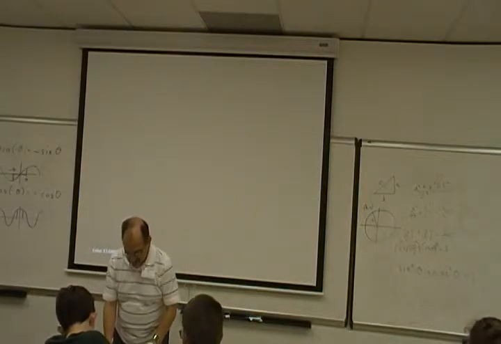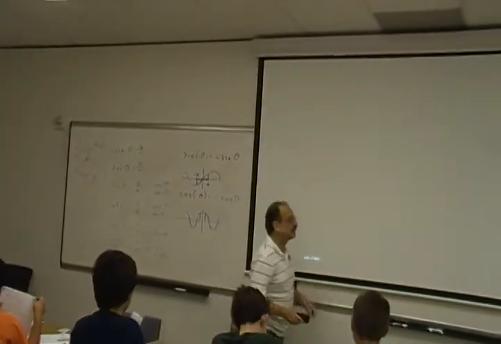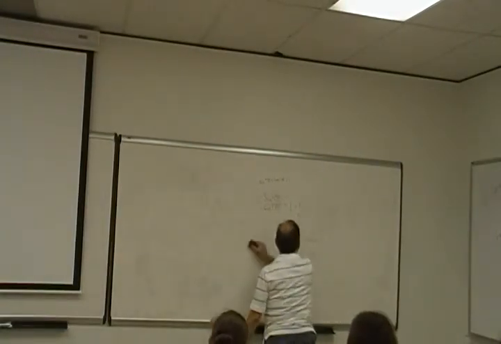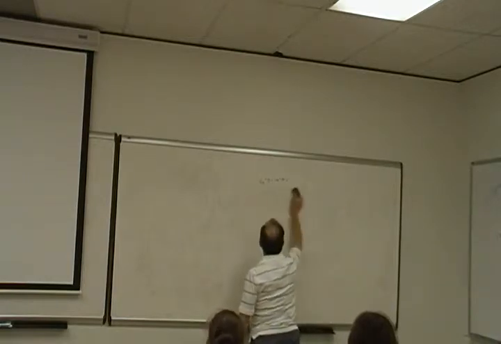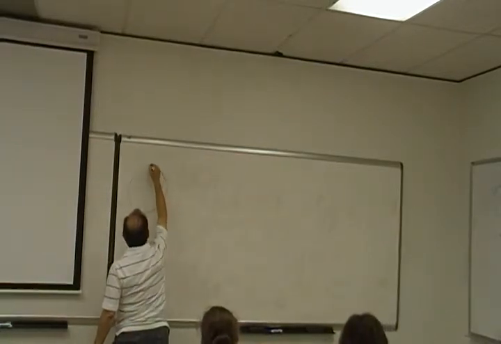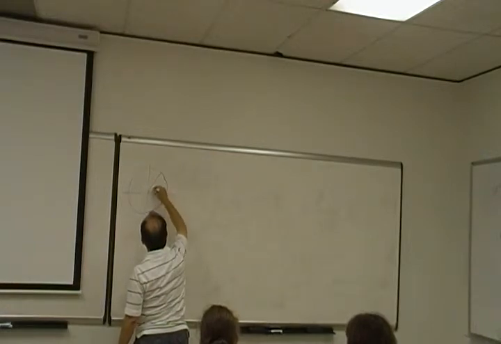I did complementary and supplementary last time. Complementary: here is a circle, and it's easiest to do this in the first quadrant. Here is an angle theta.